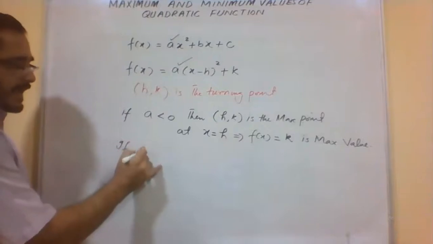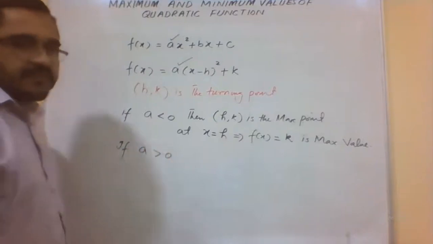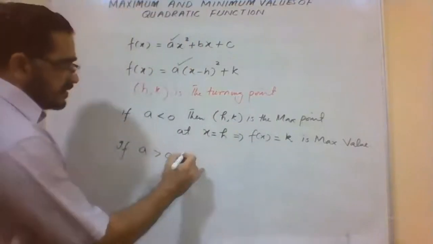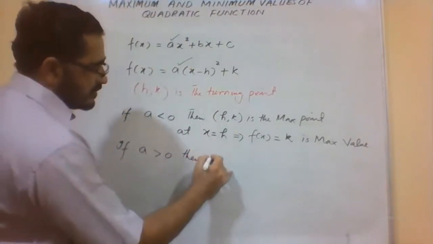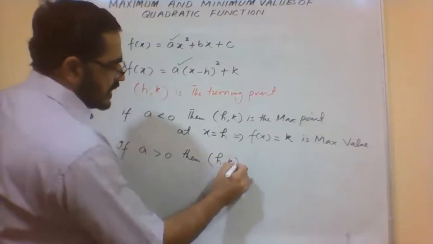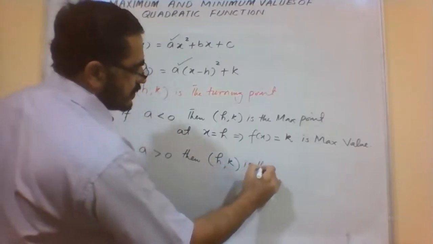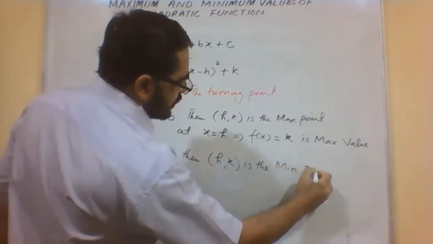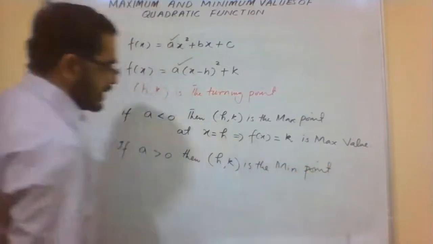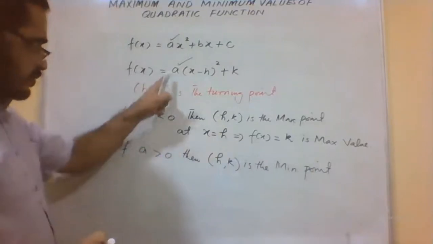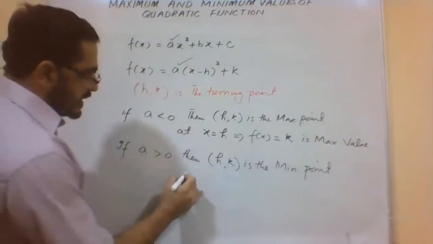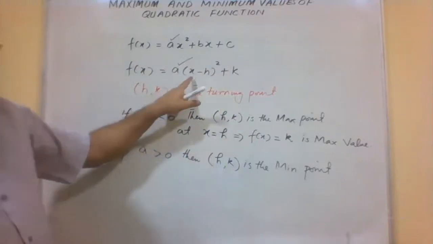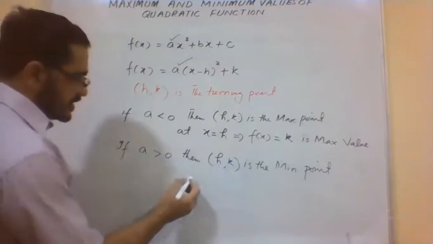If a is positive, meaning greater than 0, then this turning point h k is the minimum point. For this minimum point, suppose we take the base of the squared term, x minus h, equal to 0.